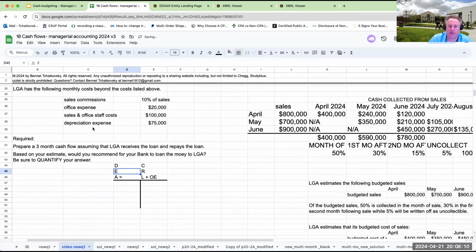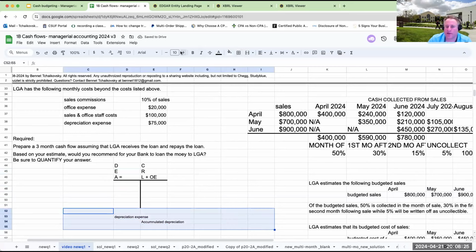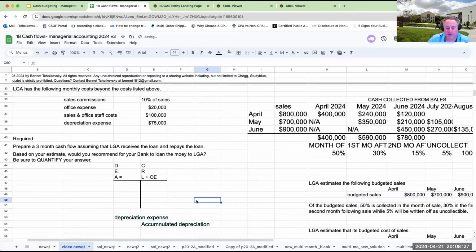I record depreciation expense with a debit, and I'm going to credit accumulated depreciation. This is not a draw on cash. We're showing the use of the equipment we purchased, debiting depreciation expense and crediting accumulated depreciation.